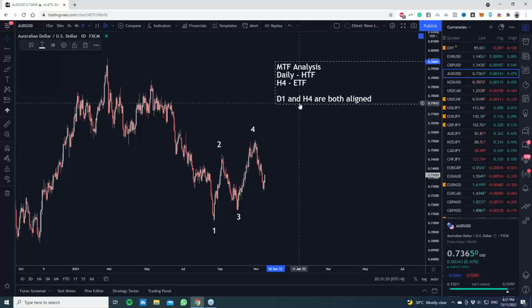But in case you see the daily and the 4 hour are not aligned, one is going up, one is coming down, then maybe you want to avoid that trade, or even if you're taking it, you might want to reduce your risk. So that's what you can do.